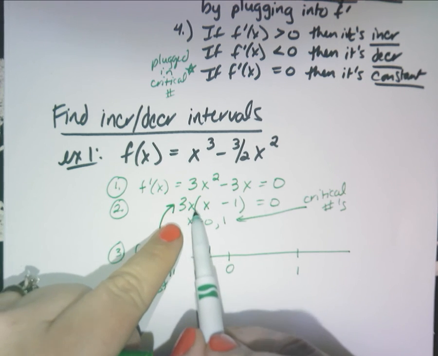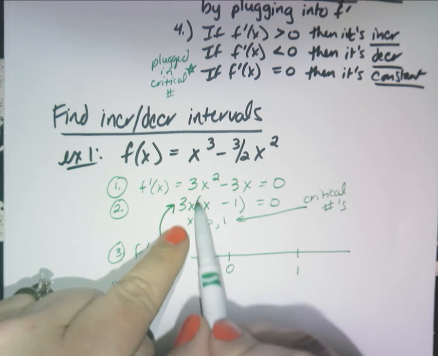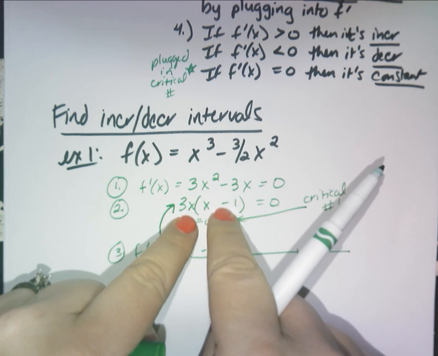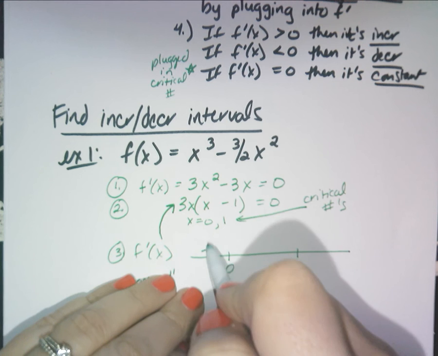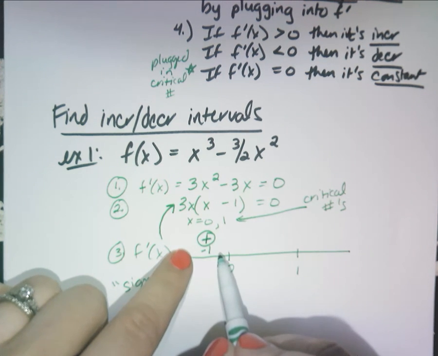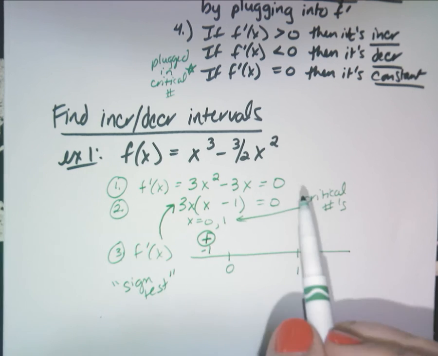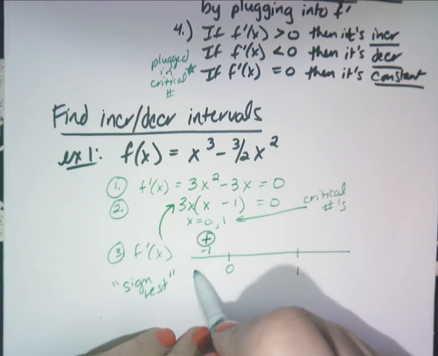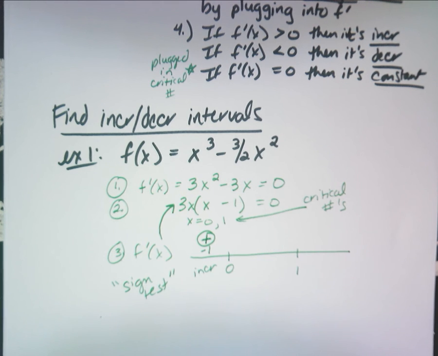Don't even worry about the number. And negative 1 minus 1 is still negative. But what is a negative times a negative? So in this interval, no matter what number you picked, you would get a positive answer from the derivative, which means the derivative in this interval is positive, which means the function is what? Increasing. It is increasing in this interval.